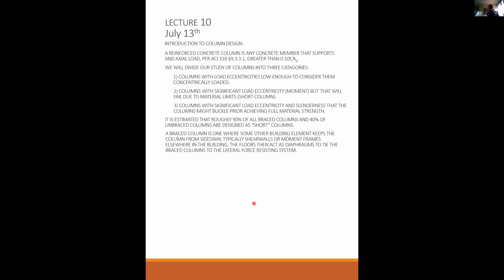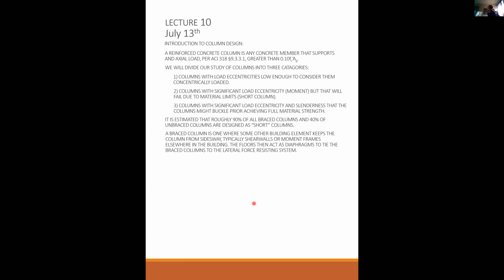A braced column is one where some other building element keeps the column from side swaying, typically shear walls or moment frames elsewhere in the building. So the lateral force resisting elements of the building are ultimately what keep individual columns from bending out of plane. The floors then act as diaphragms to tie the braced columns to the lateral force resisting system.